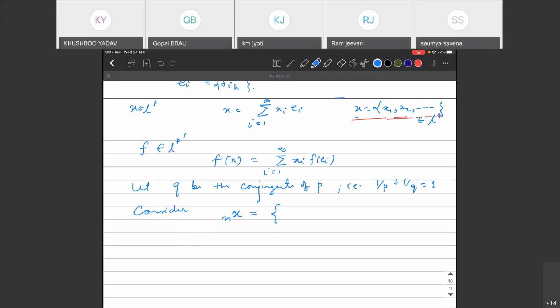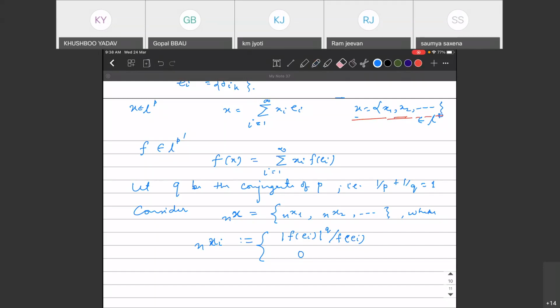So here this is the sequence nx1, nx2, and so on, where n xj are given by this formula, and this is defined like this. So I am writing f of ei to the power q, over f of ei, 0.